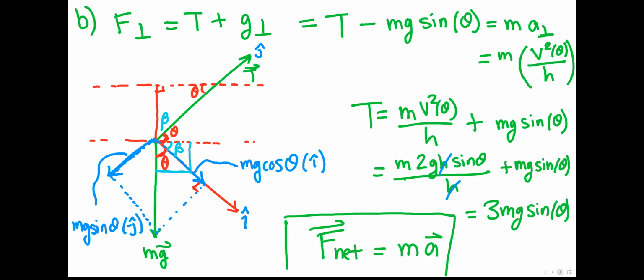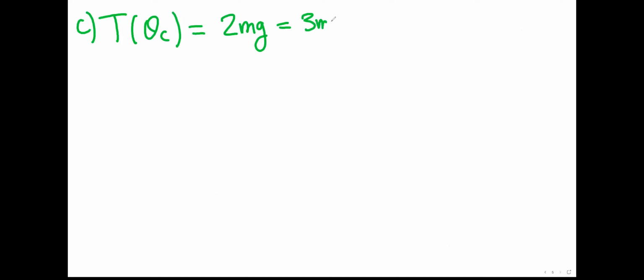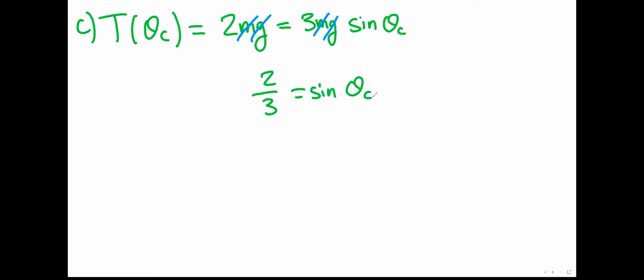So 2mg equals 3 mg sine theta critical, because we're subbing in theta critical here. Now we can cancel out the mg's, and we're left with 2 over 3 equals sine of theta critical. So theta critical equals 41.8 degrees, by plugging this into a calculator.